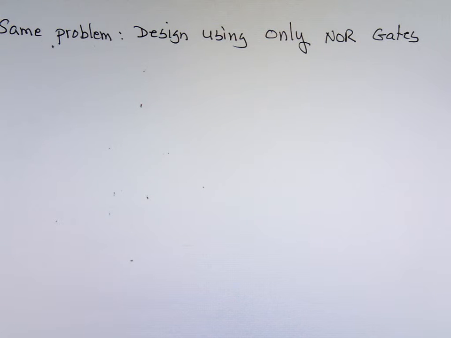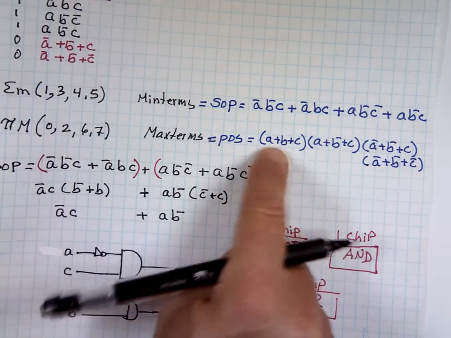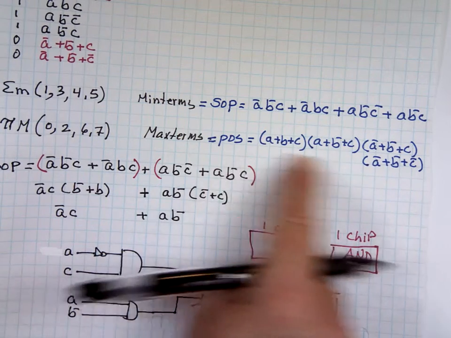Let me look at that problem. Well, I think I wrote the expression for the product of sum for it. Didn't we? This is what we have. So let me write that expression there.